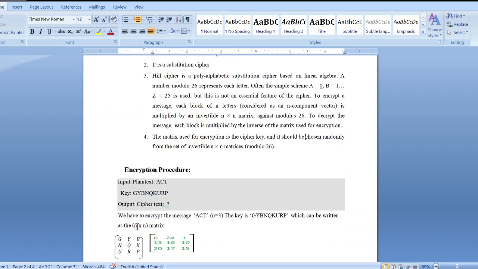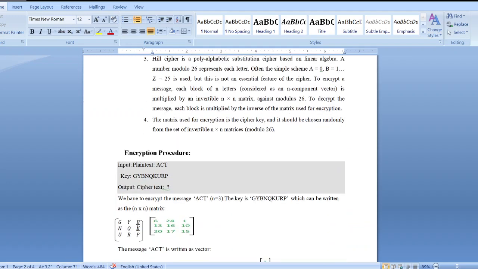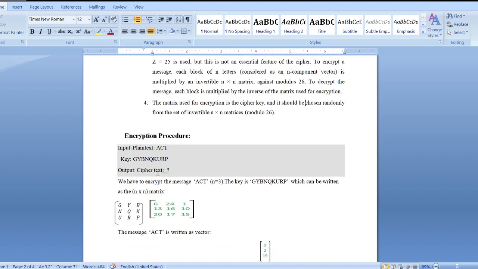Let's start with the encryption procedure. How can we follow this encryption procedure? Here I am taking the plain text as ACT, and the key is the characters G, Y, B, N, Q, K, U, R, P. Remember, the key should be an n by n matrix.